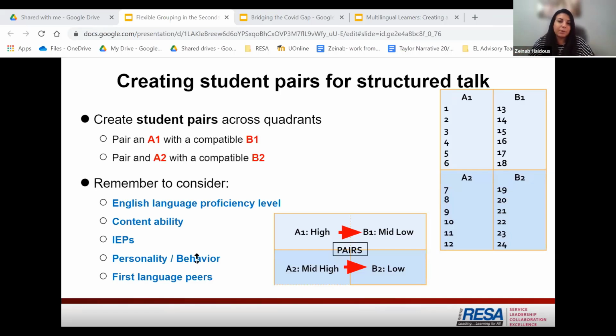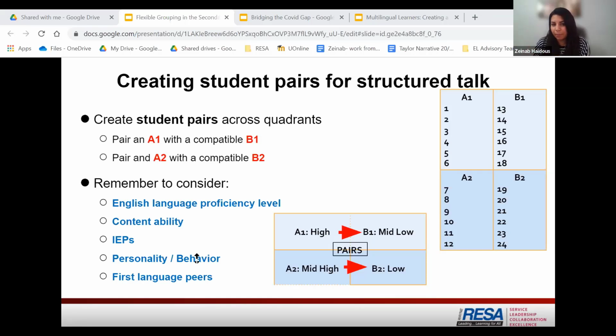So one way that we can divide students and pair them up for the structured talk is by putting them into 4 equal quadrants, where you have your high students in like A1, your mid-high students in A2, your mid-low students in B1, and then your low students in B2.